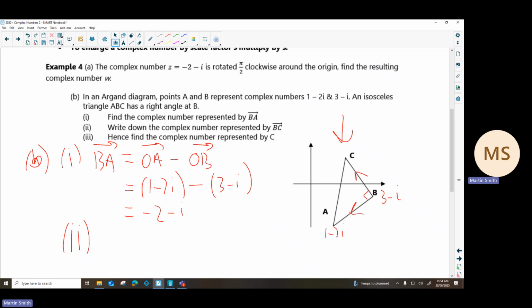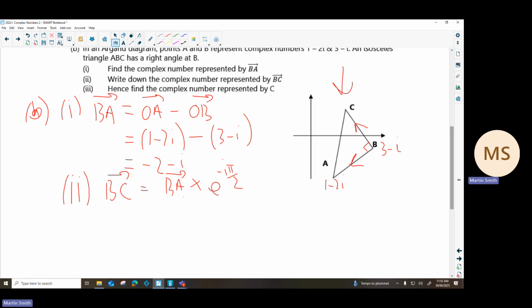So I claim that BC is BA multiplied by the complex number whose modulus is 1 and argument is minus pi over 2, which works out to be minus i. So therefore it's minus 2 minus i times minus i. And that's going to give me 2i plus i squared, which is minus 1 plus 2i.